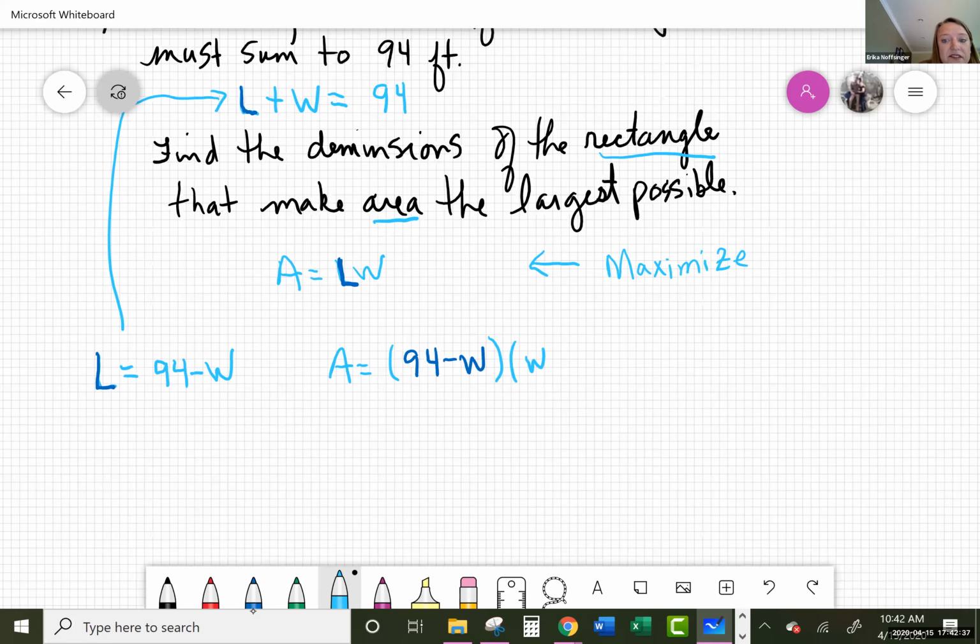Yeah, I could have done width is equal to 94 minus L, and at the end we would still get the same thing. Instead, this would have L's in it instead of W when you replaced it.